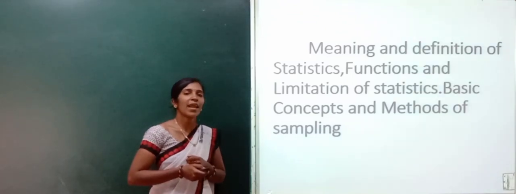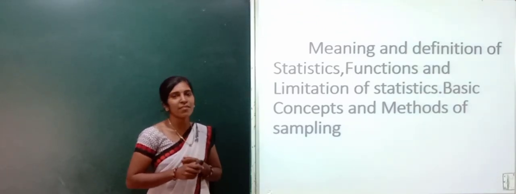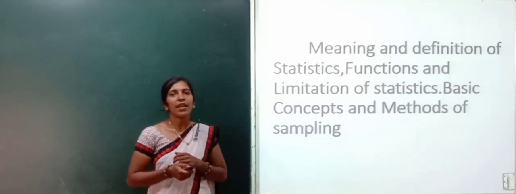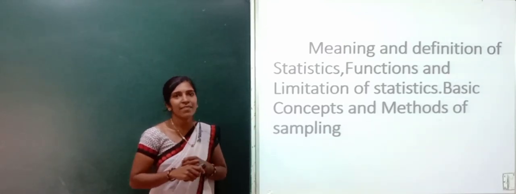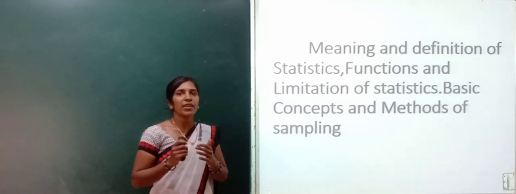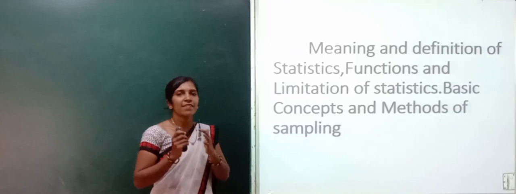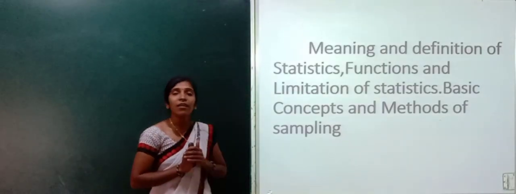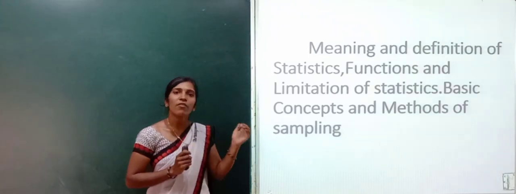Under methods of sampling, there are mainly three methods: systematic, simple random, and stratified sampling. That is the first chapter.